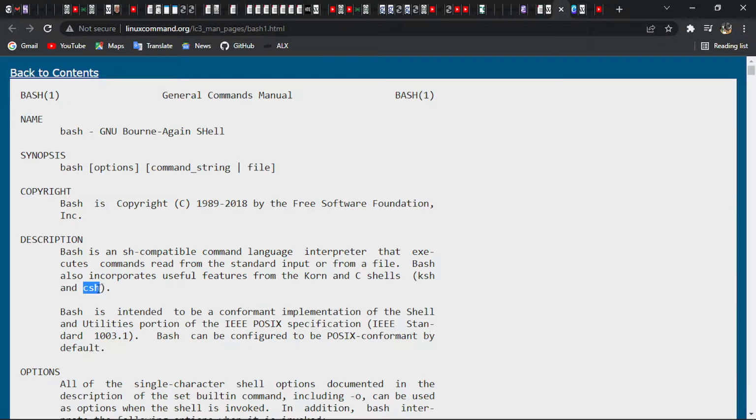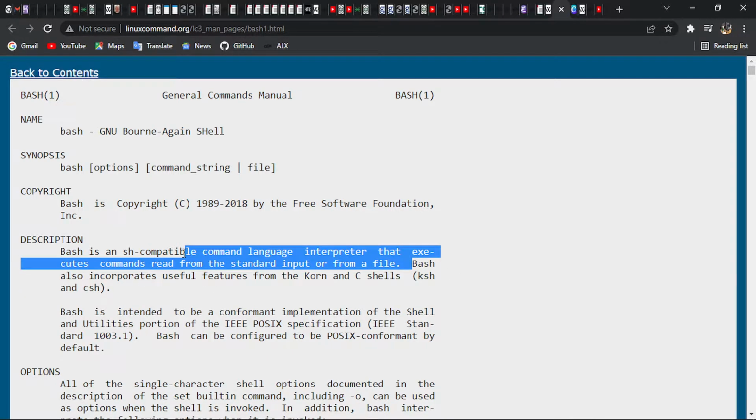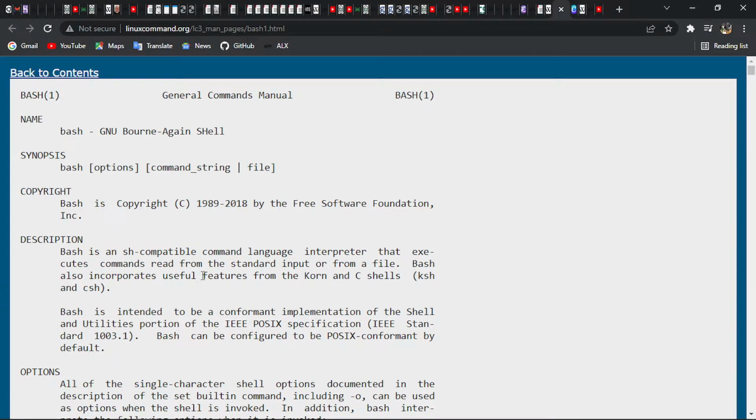C shell also was popular at the time in Unix systems, and it comes from the C programming language, and that's why when it combines these two, bash is more popular and has many cool features from the C language or the C shell, and also the Korn shell.